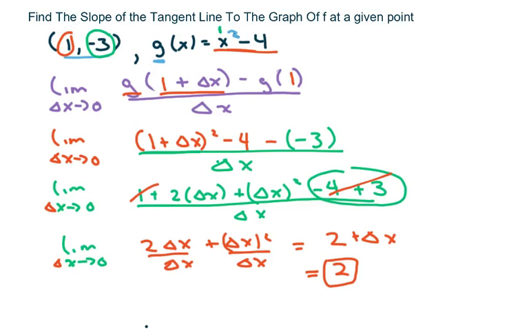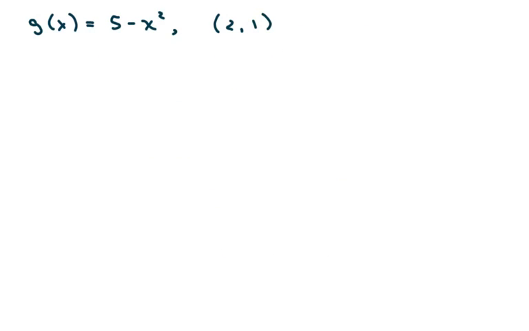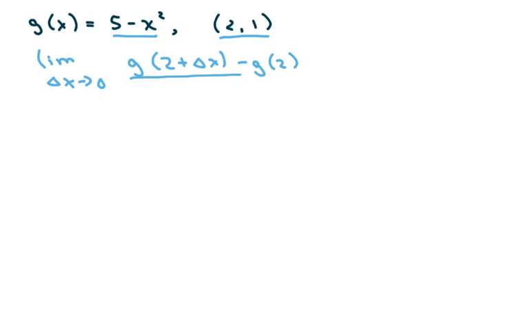And we're going a little faster on the next ones. They're all very similar. So we want the slope at this point for this equation. So we're going to do the limit as delta x approaches 0 of g of 2 plus delta x minus g of 2 all over delta x, which is the limit as delta x approaches 0 of g.